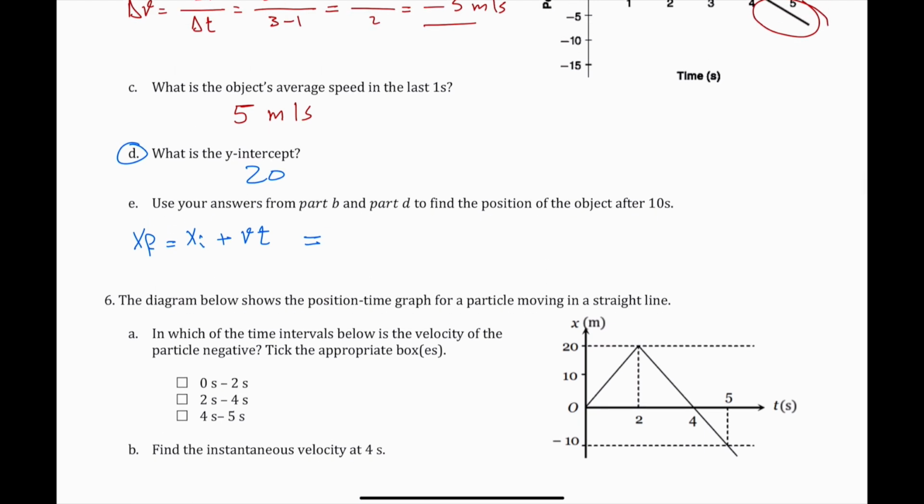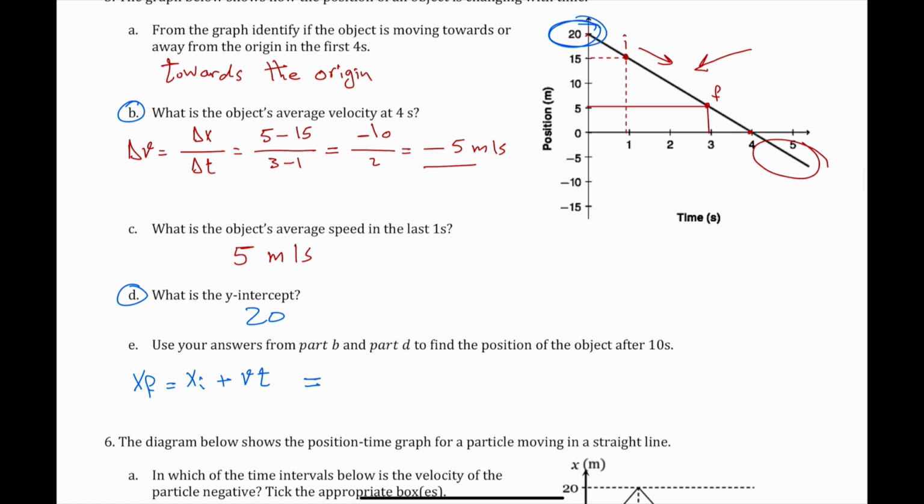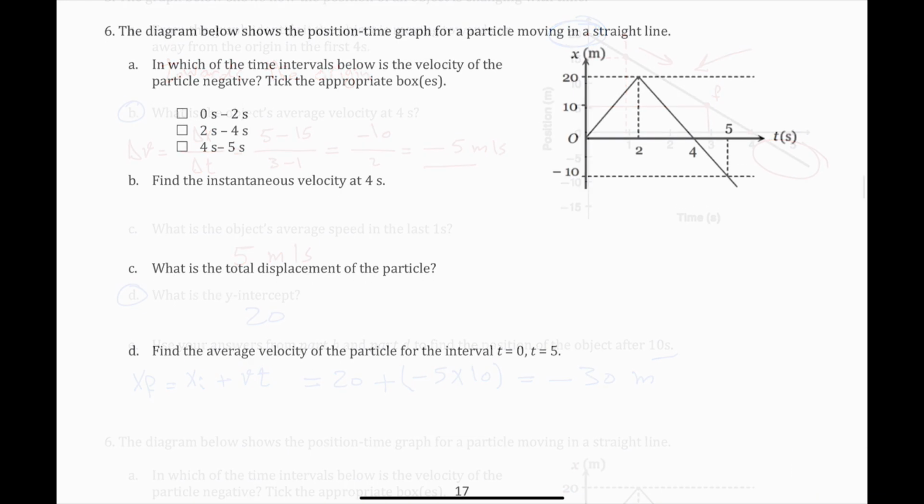X initial is 20, plus V is negative 5, times T, which is 10. So we'll get 20 minus 50, so it's negative 30 meters.